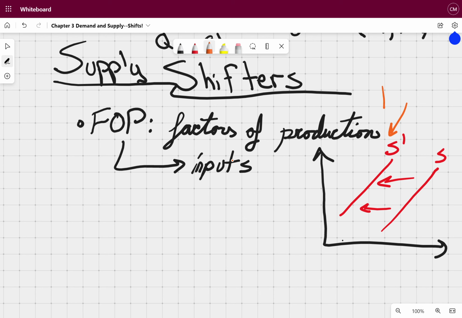So this was the housing market. And this shift was because the construction wages increased. So at any given price, there's going to be less provided by the construction company, the skateboard manufacturer, the food manufacturer, whatever the case may be.